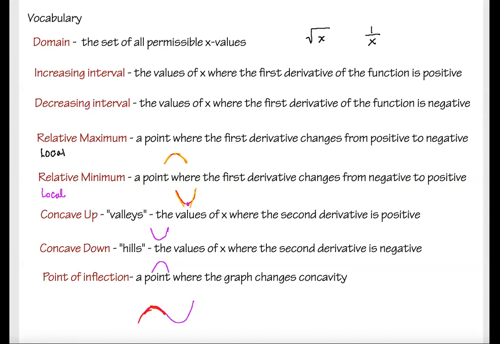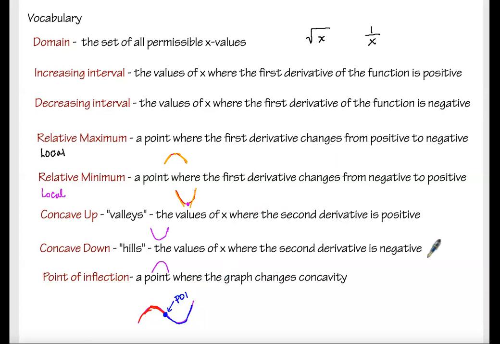Concave down. And then from this point onwards, the graph is concave up. So there was a change in concavity. Now the point where that concavity changes, that is our point of inflection.